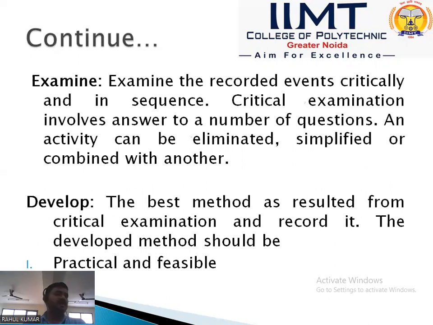After that, we examine. Examine the recorded events critically and in sequence. Critical examination involves answers to a number of questions. An activity can be eliminated, simplified, or combined with another.